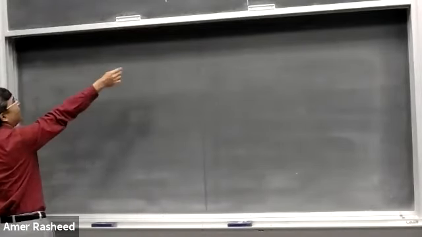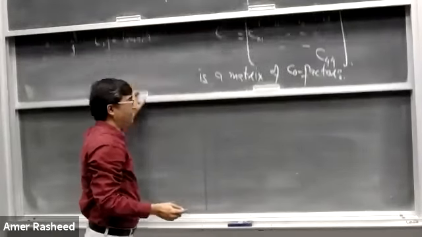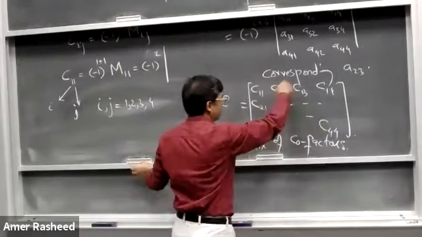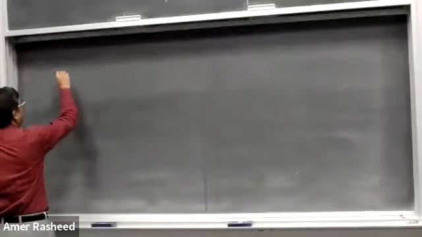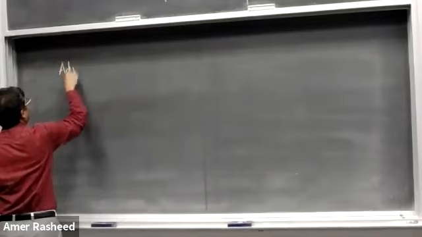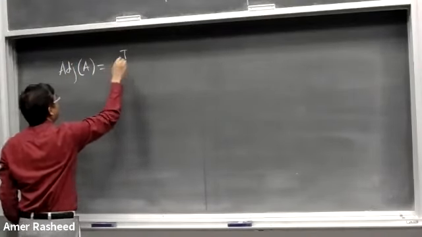Now, C is the matrix which contains all the cofactors, all the 16 cofactors. Now, adjoint of A is what? Adjoint of the given matrix is the transpose of the C matrix.